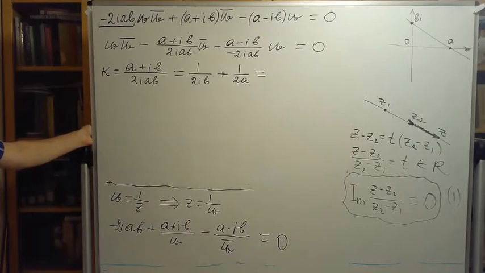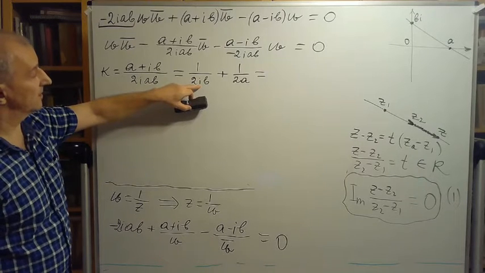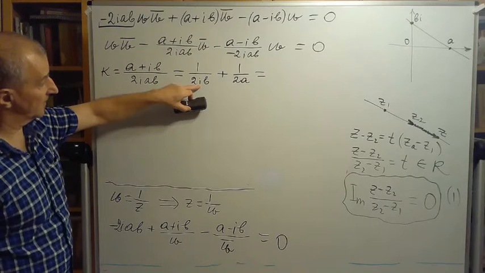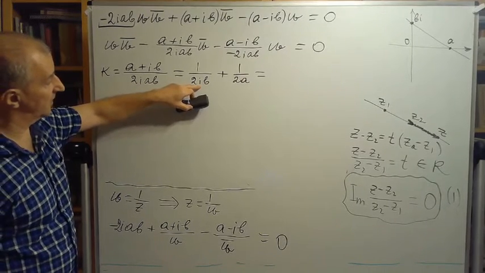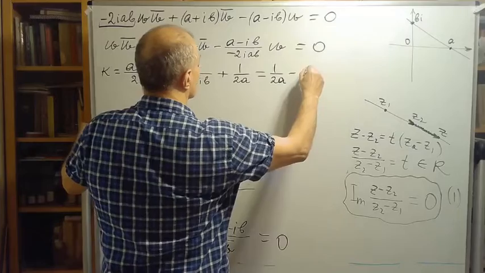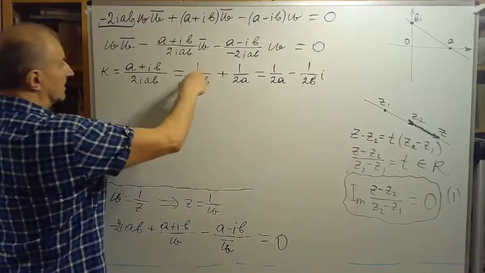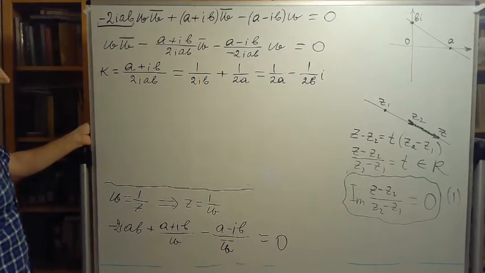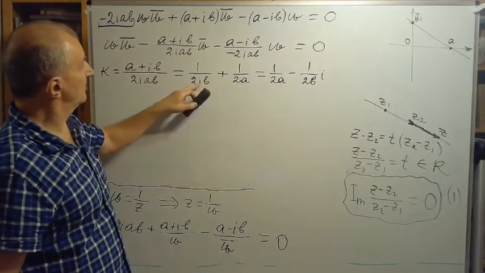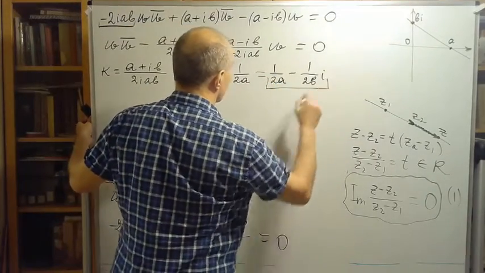Now, for convenience, I will multiply the numerator and denominator in this fraction by negative i. Then i multiplied by negative i will be 1, and here will be negative i. So I will write 1 over 2a minus 1 over 2b i, because here we multiplied and divided by negative i. So this is number K.